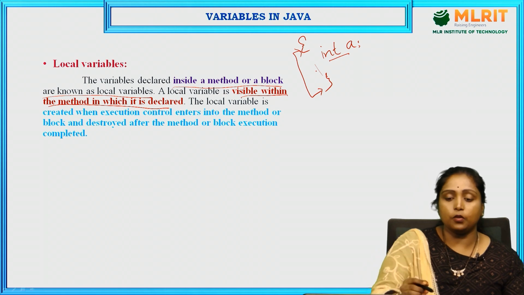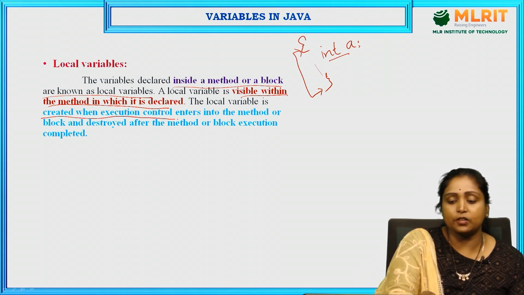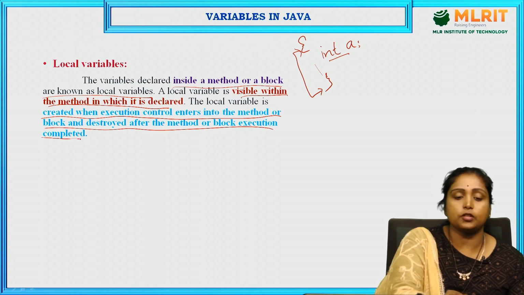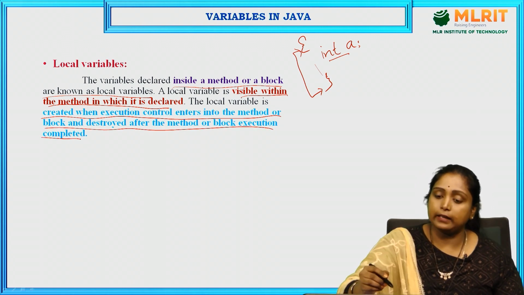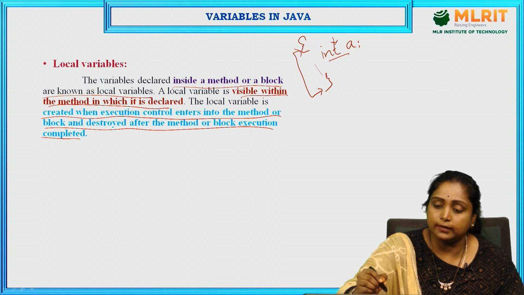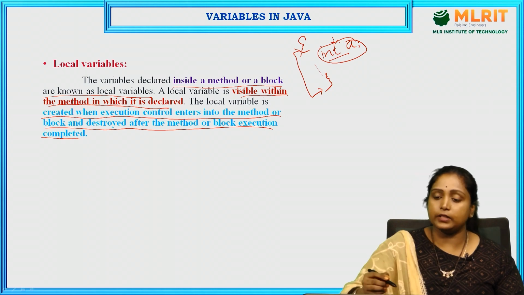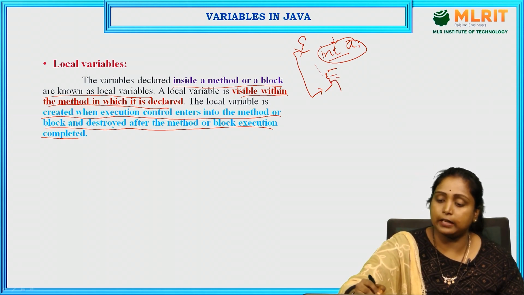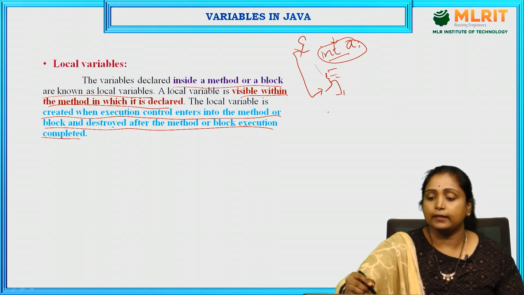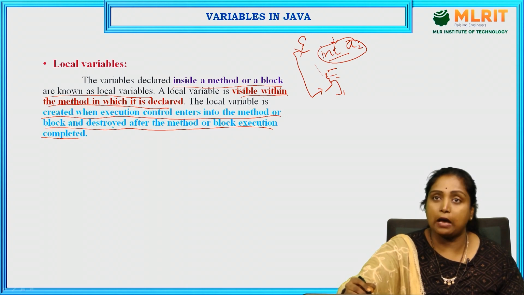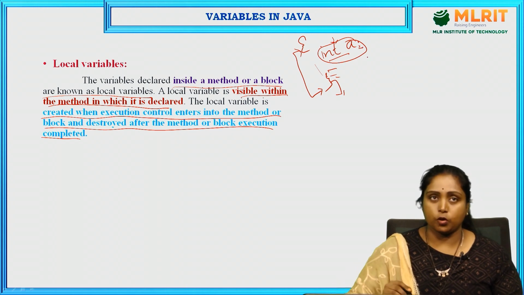Okay, so the local variables are created when execution control enters into the method or block and destroyed after the execution is completed. Whenever the control enters into this, the variable is created. Whenever the control executes all the statements and comes out of this block, whatever variable you have created will be destroyed here.